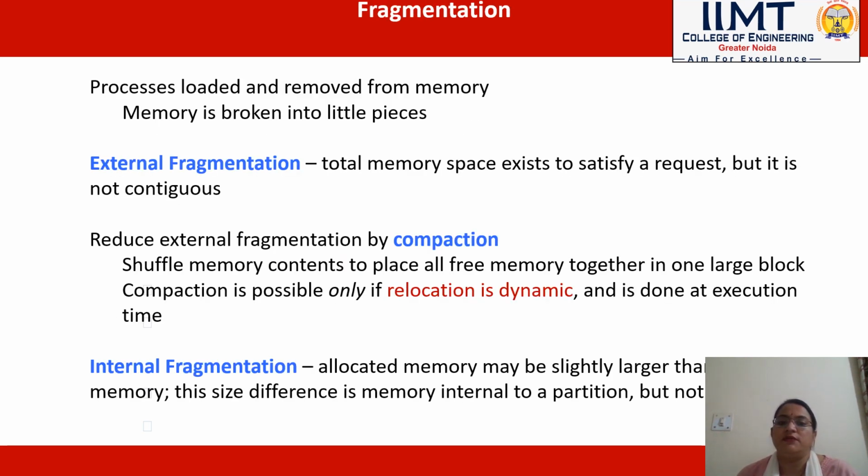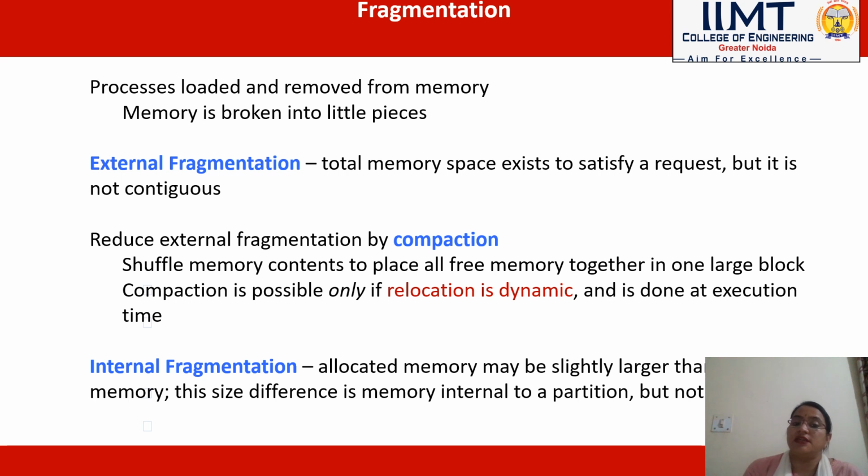Fragmentation is an unwanted problem of memory management. As processes are loaded into and removed from memory, the memory is broken into little pieces. There are two types of fragmentation: external fragmentation and internal fragmentation. In external fragmentation, there is enough total memory space to satisfy a request, but it is not contiguous.